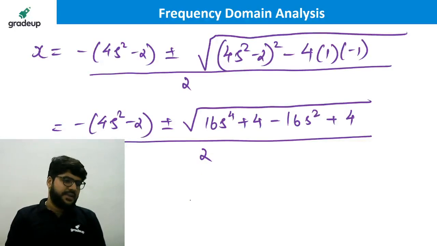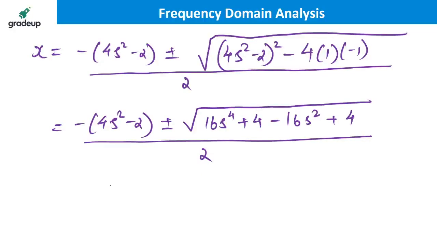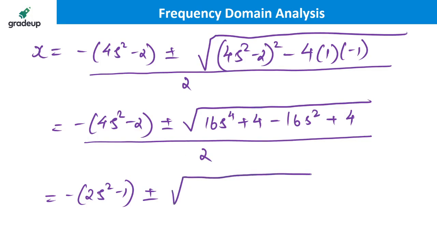See, it is definitely complicated. Even if I take 2 common and divide it, this is minus of (2 zeta square minus 1) plus minus. Here also if I take out 4 common, divided by 2, what remains under the root is 4 zeta power 4 minus 4 zeta square plus 2.